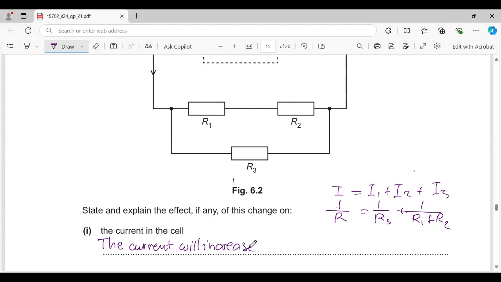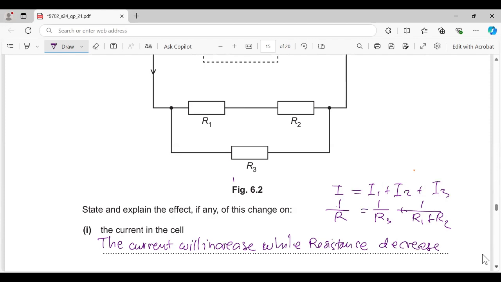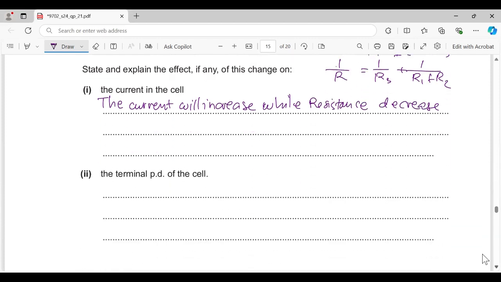So the current will increase while the resistance decreases, because the third resistor is parallel.